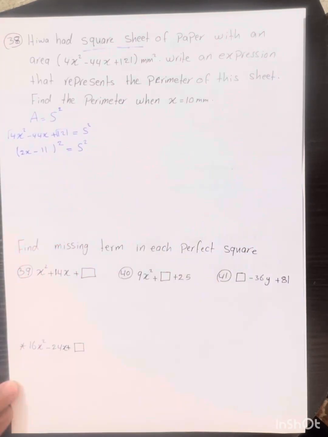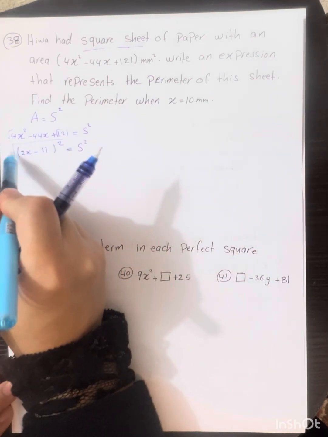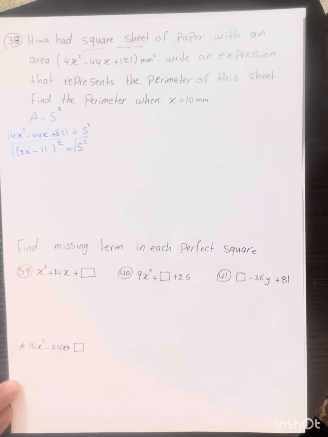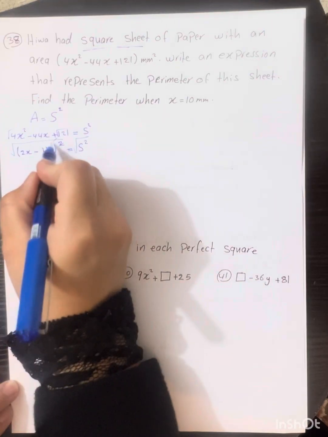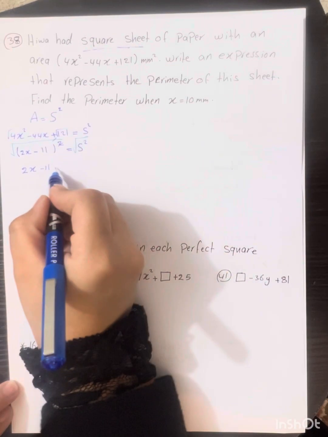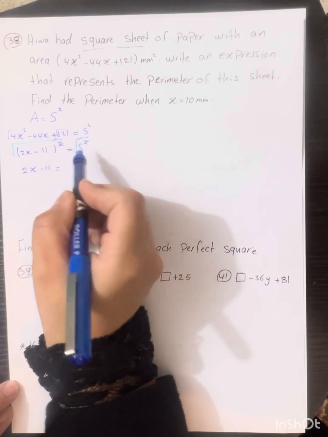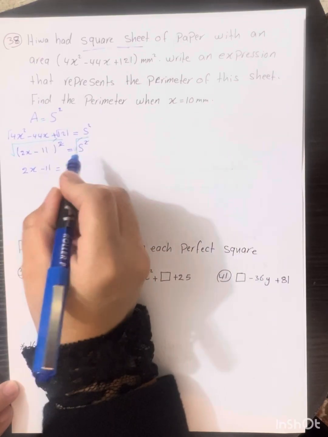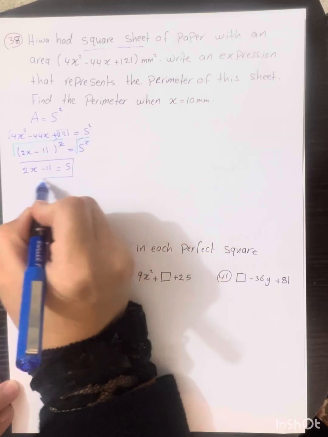Now we can take a square root for both sides, and the square cancels with the square root. We get 2x minus 11 equals s. So this is the side length.